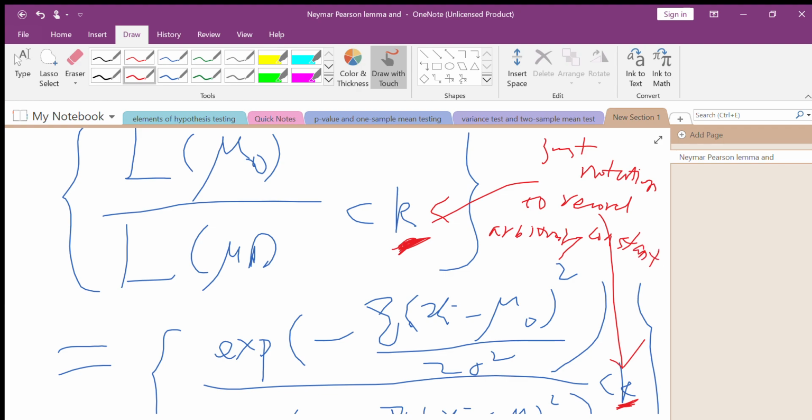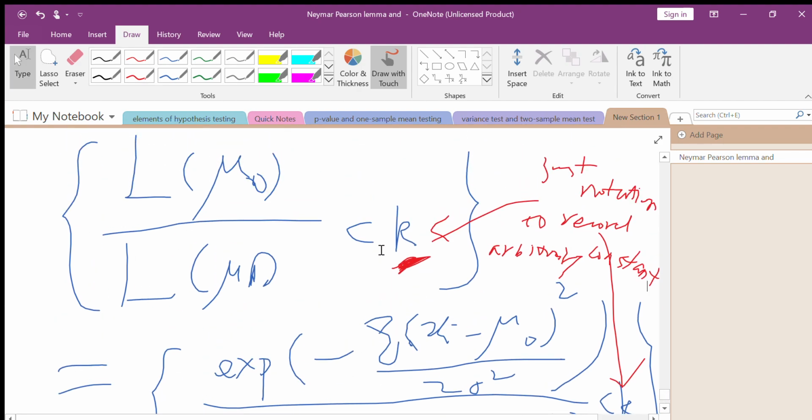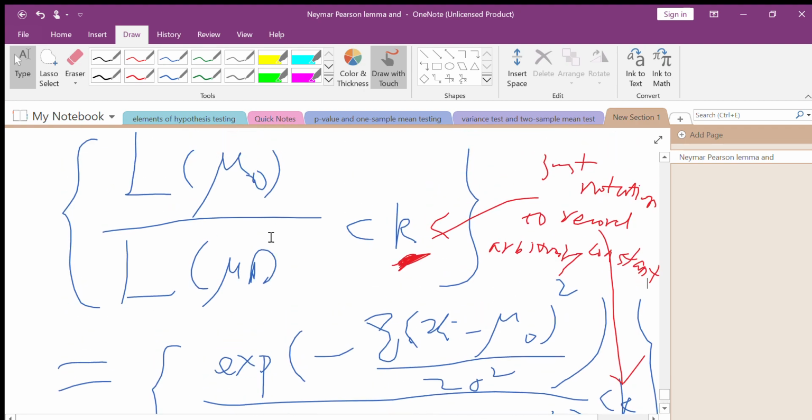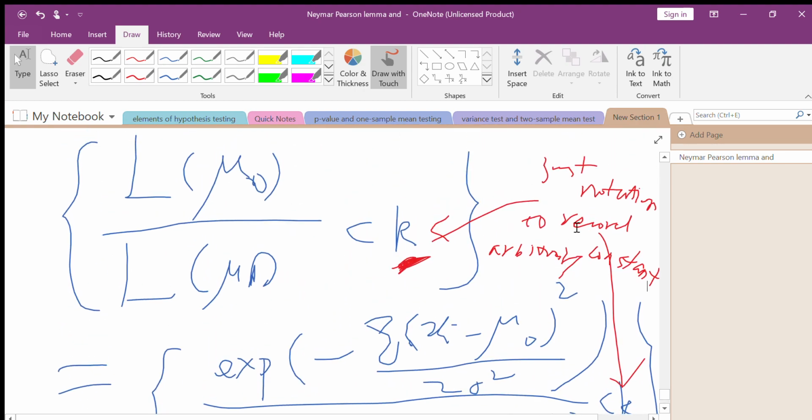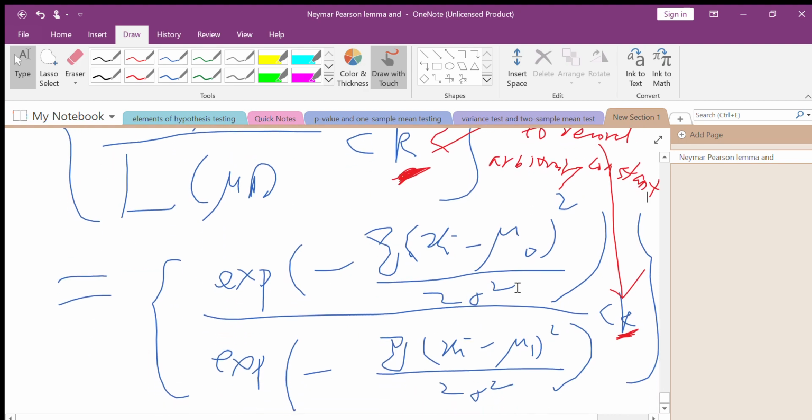So k changes, but in the sense of set equality, and since k is just notation to record an arbitrary constant, we still use k, although its value is changing. This is our way of writing this.